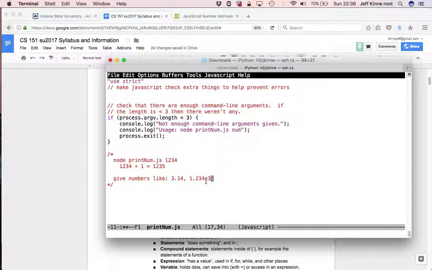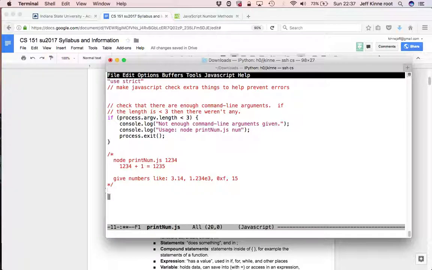The third power would move the decimal point over 1, 2, 3. And we could also give numbers in hexadecimal. 0xf, the value of f as a hexadecimal number, is 15. So we can try each of those out and see.